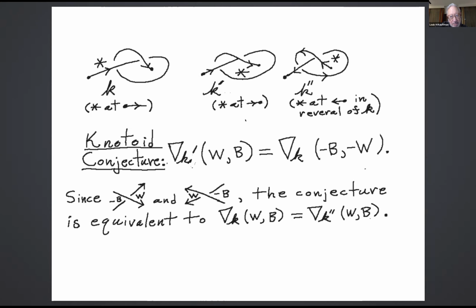Pardon me. I really meant what I wrote, because what I've written here is star on the left, and here is star on the right, but with the outgoing arrow, and here with the ingoing arrow. And it's delta K prime that it has the reversal in it. Anyway, it's an intriguing conjecture, and it appears to be true at a combinatorial level prior to the WB, which makes everything invariant.